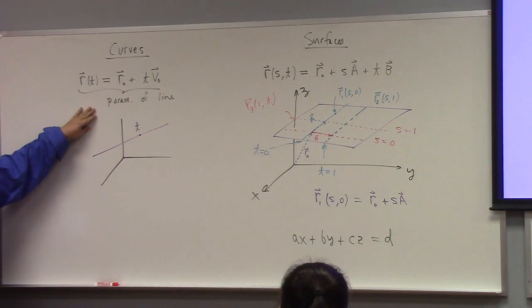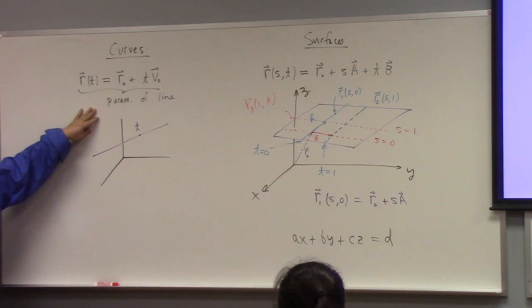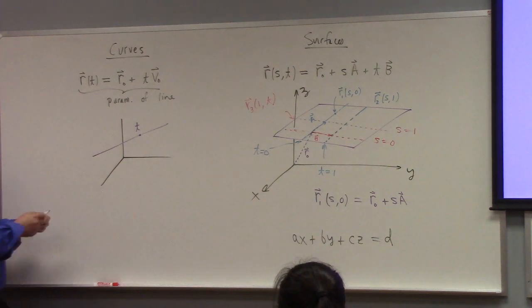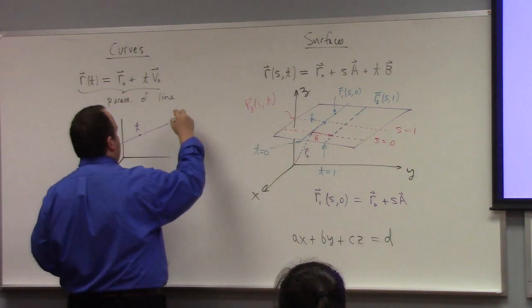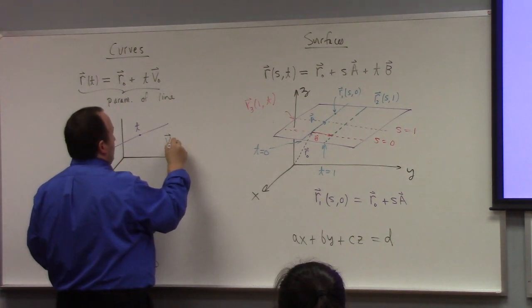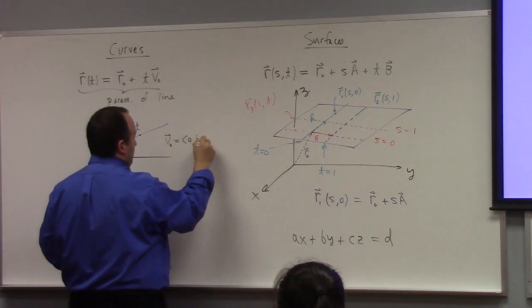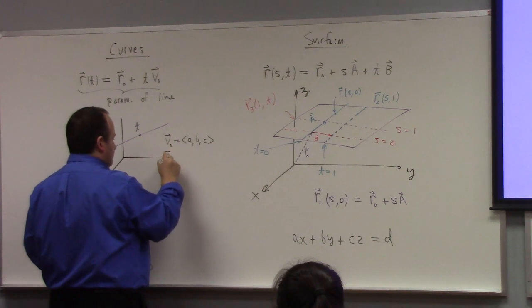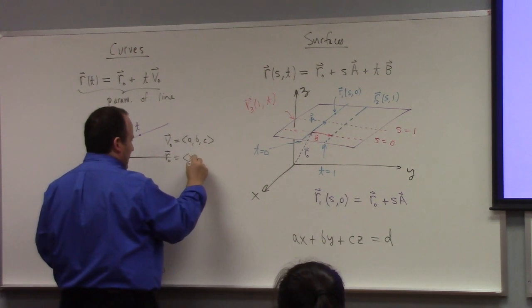How about a line? What would the equation of a line be? Let's give some details. How about v naught is equal to, let's say, ABC, and let's say r naught is equal to x naught, y naught, z naught.